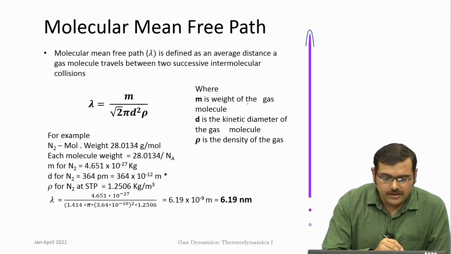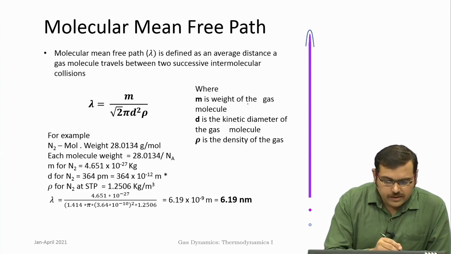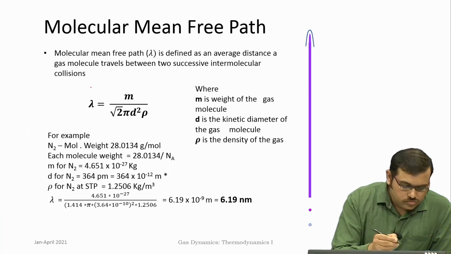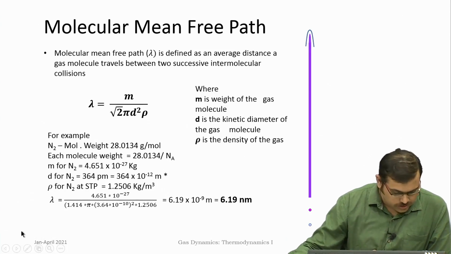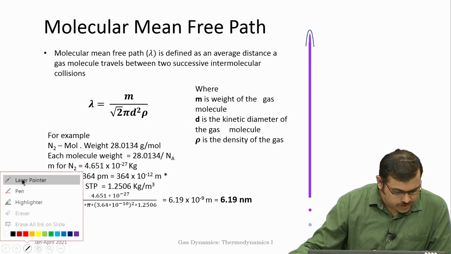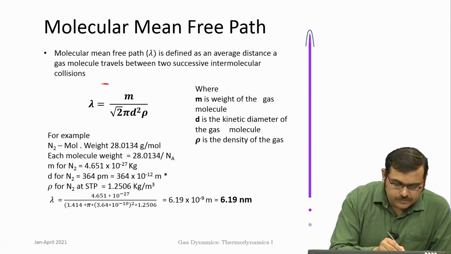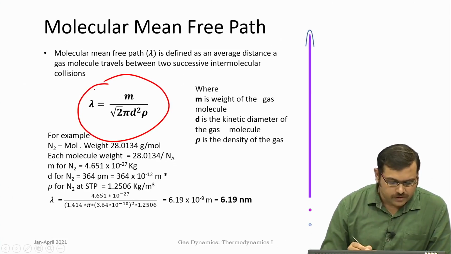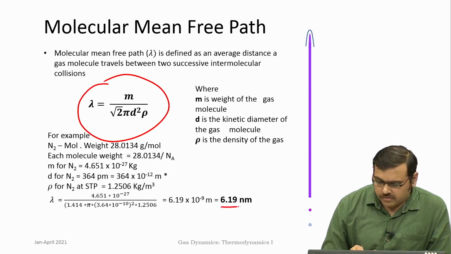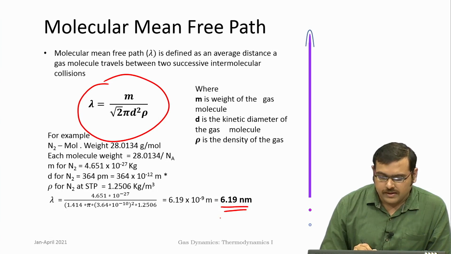and the molecular mean free path can be calculated based on the equations here. A typical number for this at standard temperatures and pressures is in the range of nanometers.